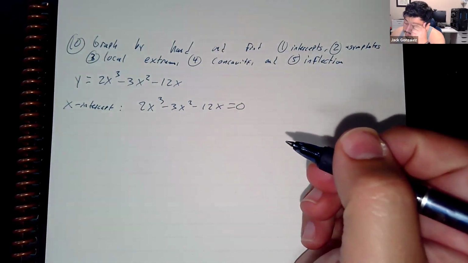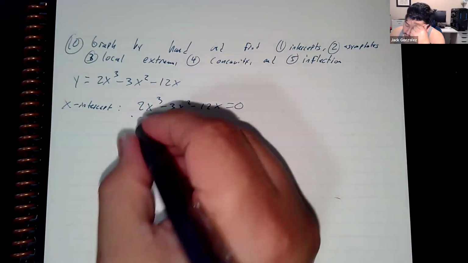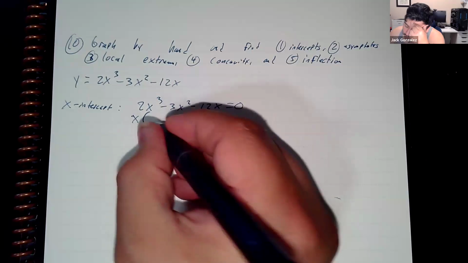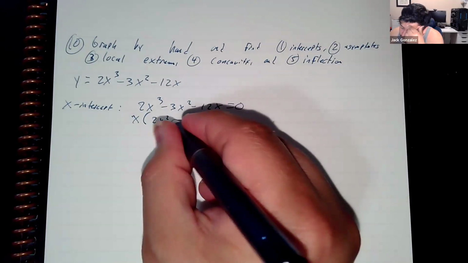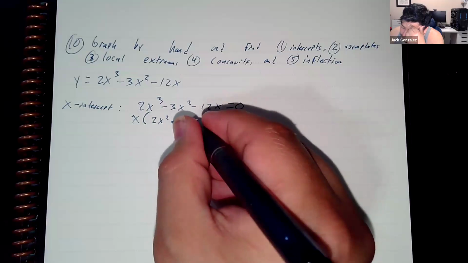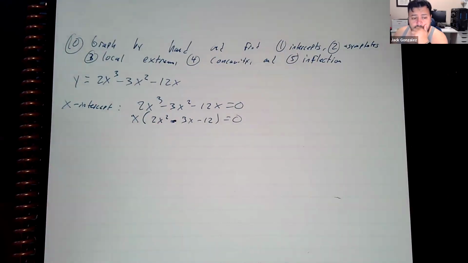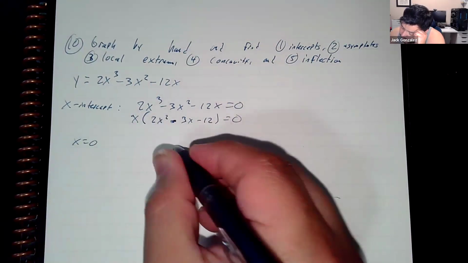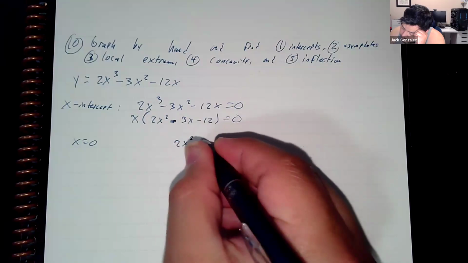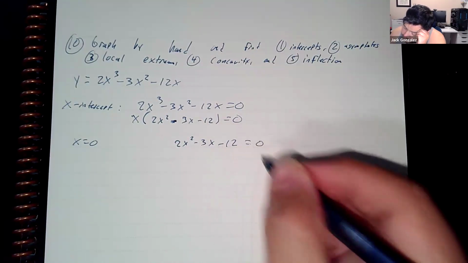This has an x in common, 2x squared minus 3x minus 12. But we have one intercept at 0, so it should be going through the center. So set this to 0.